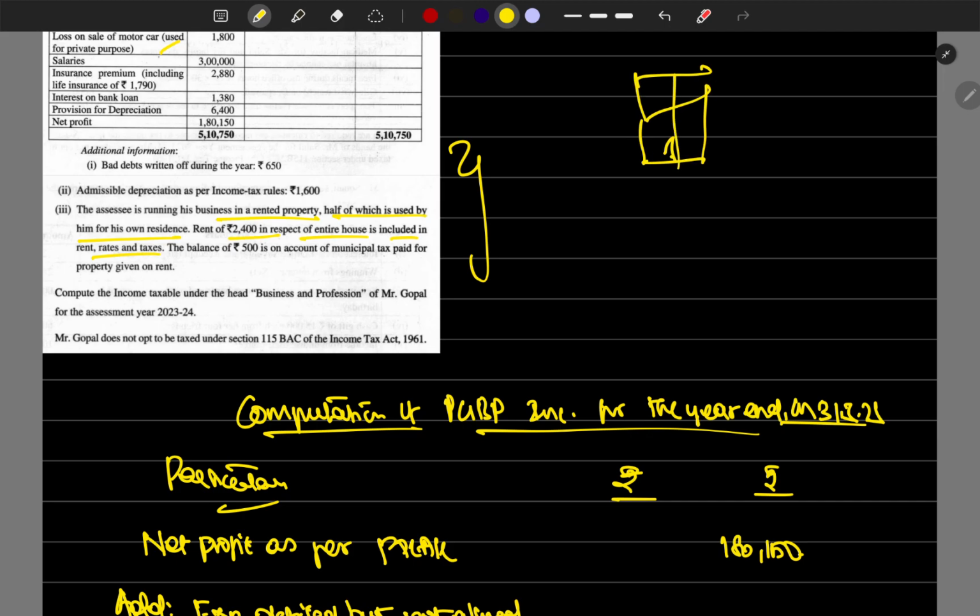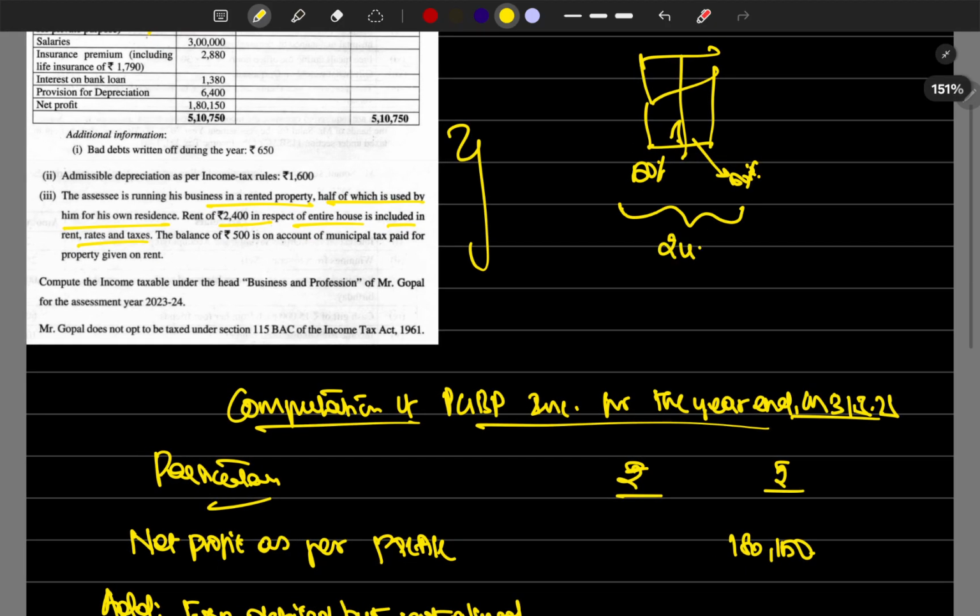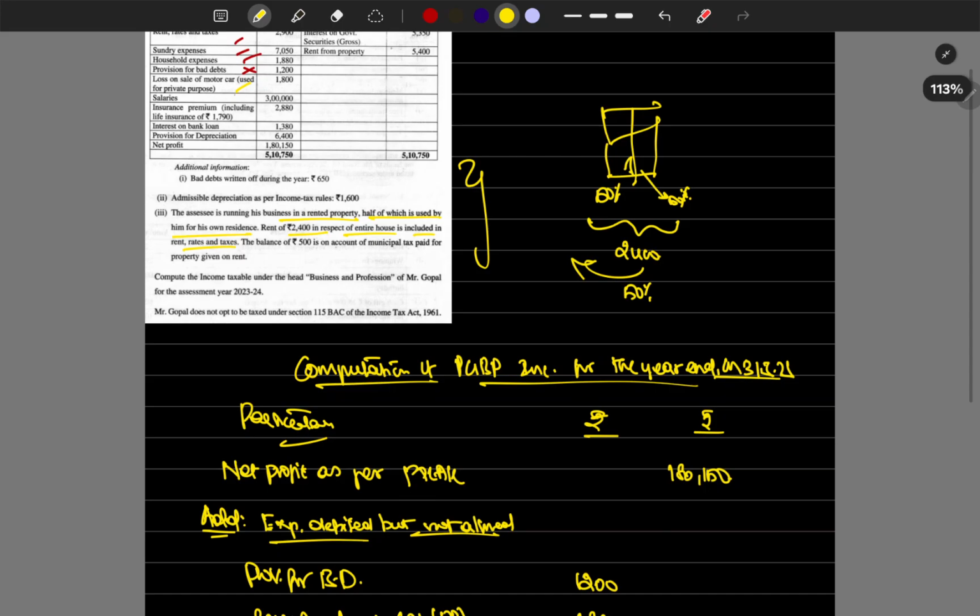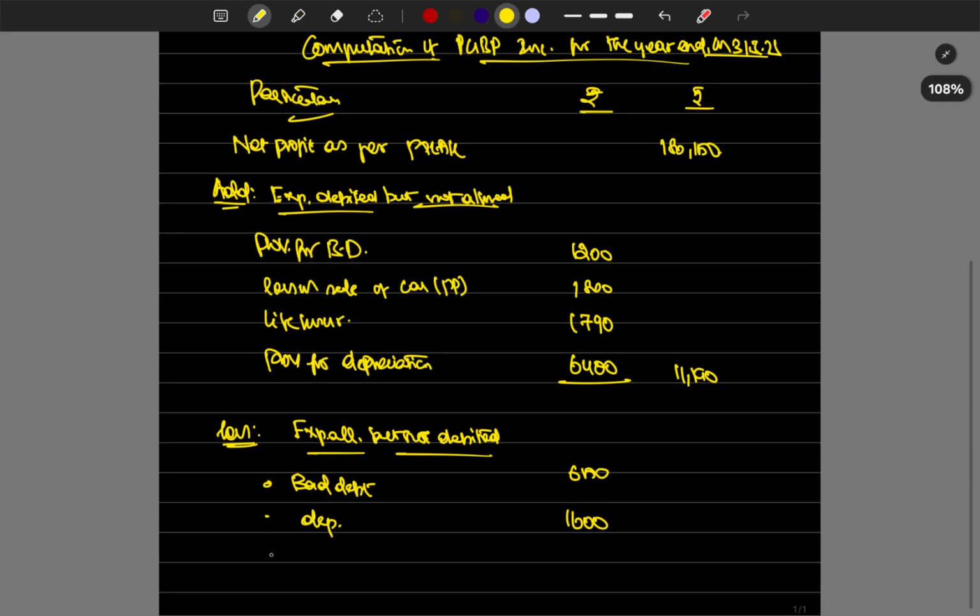He has used half of the property for his own purpose and half for business. The entire house rent is 2,400, and he considered everything as expense. Only 50% can be allowed as expense, so add back rent, 1,200.